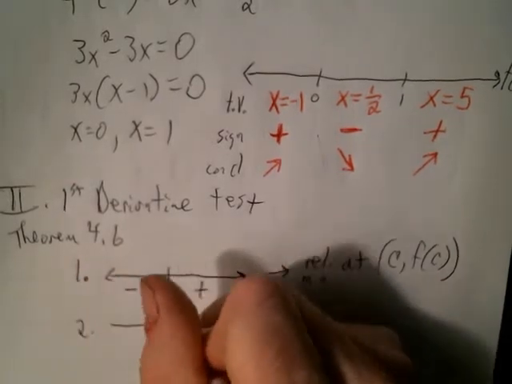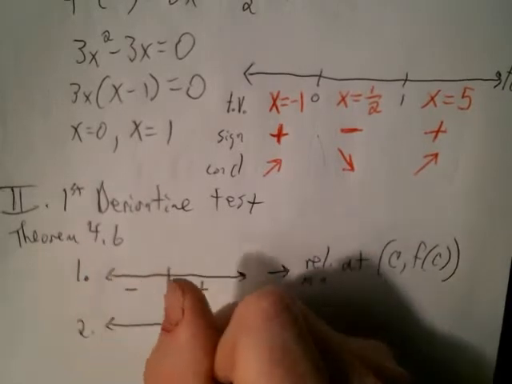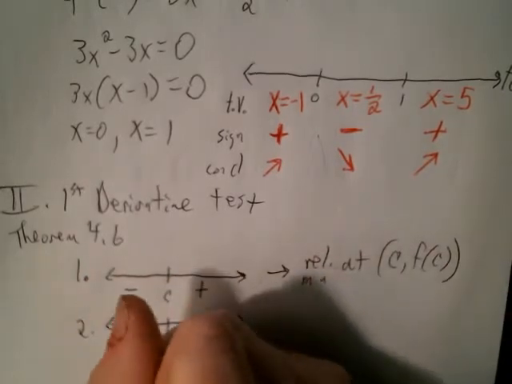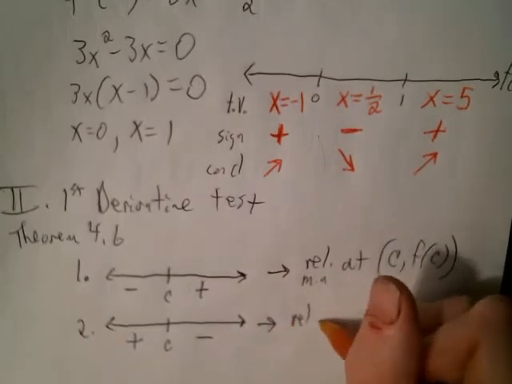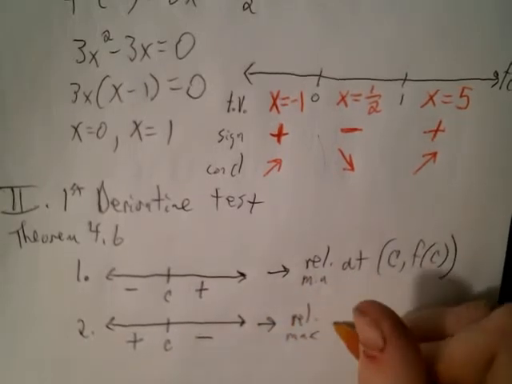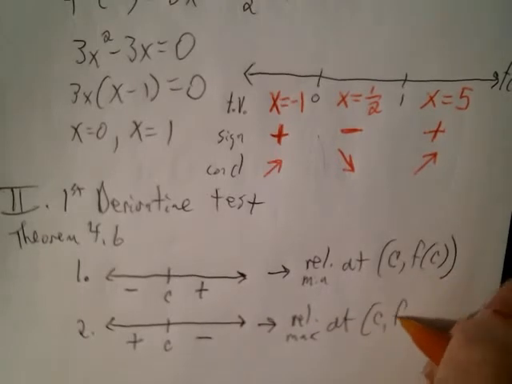Secondly, then, if it's the other scenario, so you're finding the sign of the derivative is first positive and then becomes negative, that tells me there's a relative max at this point, c comma f of c.